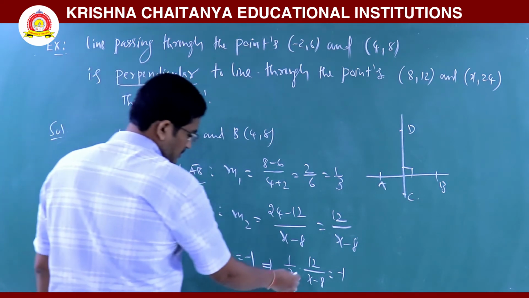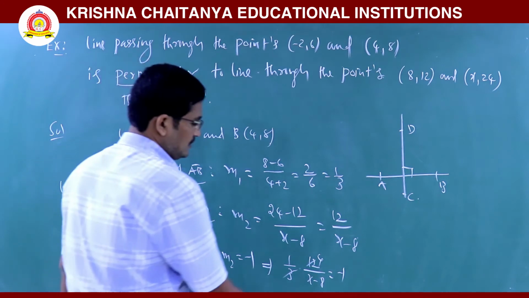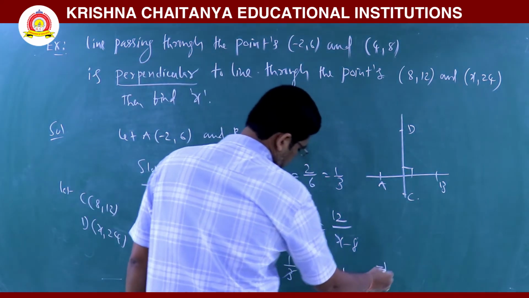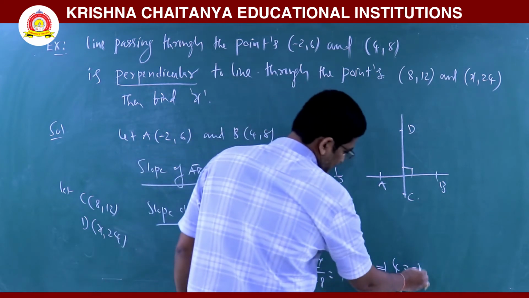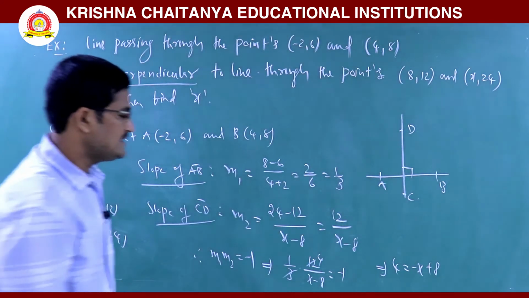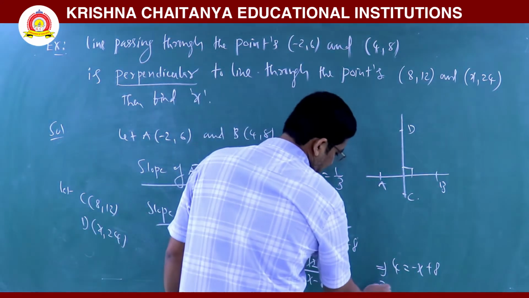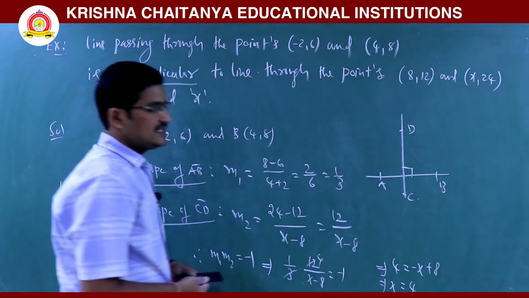Cancelling, 3 fours are 12, so 4 is equal to minus 1 into x minus 8, that is minus x plus 8. Taking minus x to the left side, it becomes plus x equals 8 minus 4. So the value of x is 4.